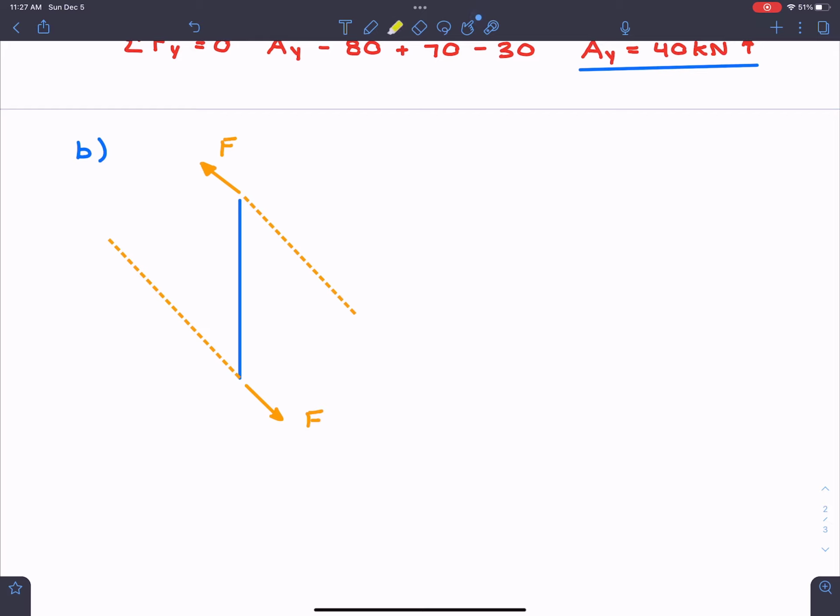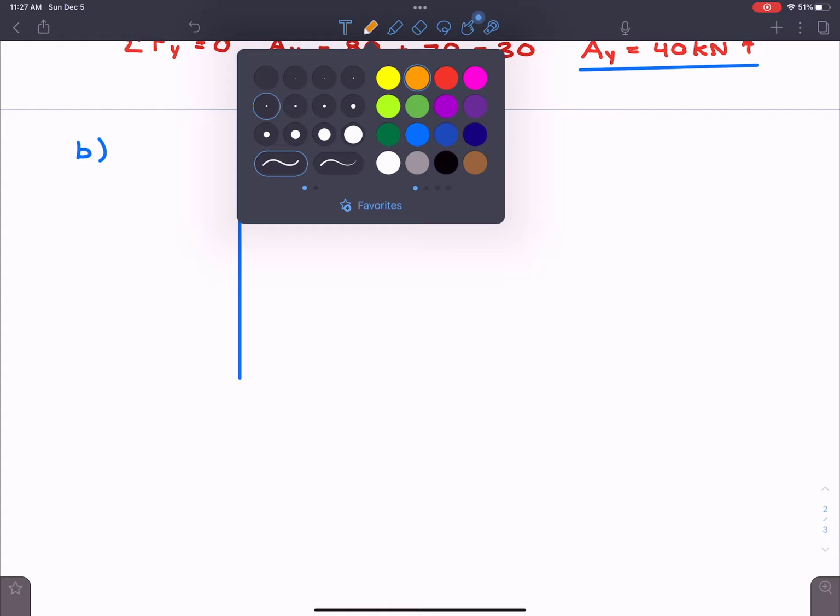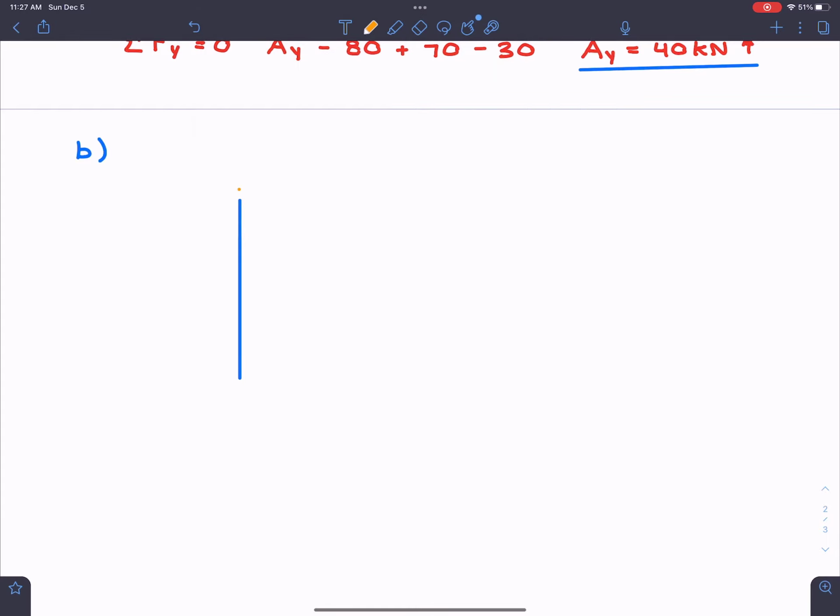The only way for these two forces to actually satisfy moment equilibrium is the following scenario. So I'm just going to erase this really quick, and I'm going to show you this scenario right here, where we have a force going upwards on one side, and a force going downwards on the other side. Now, of course, this can be opposite, where at the top of the beam we can have a force downwards, and at the bottom we can have a force upwards.